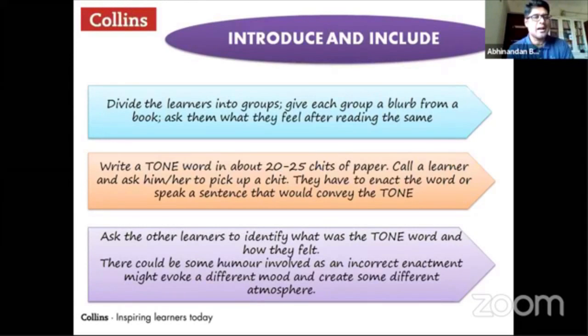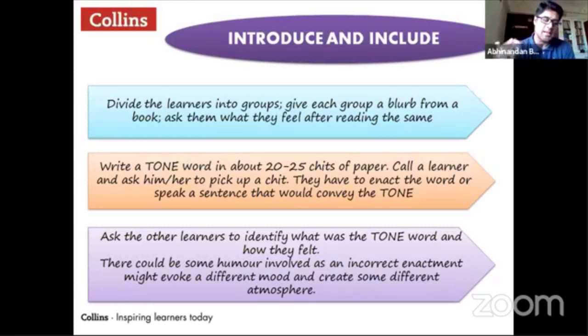That increases the level of interest and excitement to read. And we are not only developing the reading skills, but also the writing skills, and also providing a lot of inclusion and encouragement to our learners. So that really works well.